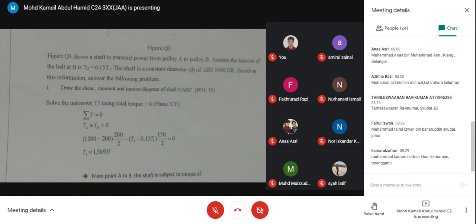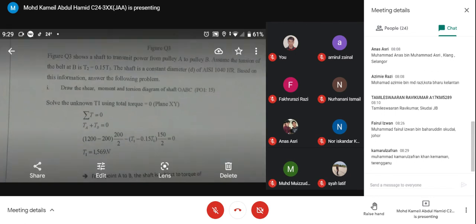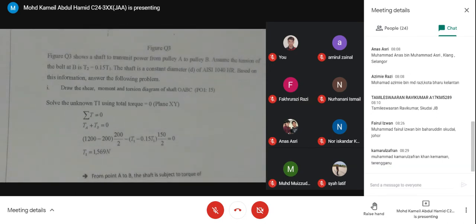Torque dia ialah the force times the distance, radius of the pulley. So (1200 - 200) times 200 divide by 2, that is for pulley A. Pulley A ada diameter 200, and then pulley B 150, so T1 minus 0.15 T1 times 150 divide by 2. Get the T1 value.